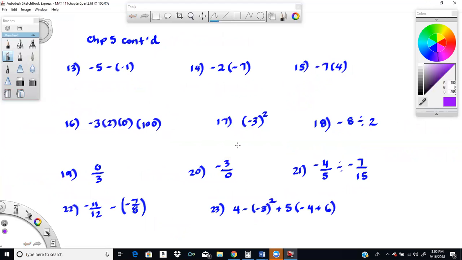You are still performing operations with these signed numbers. You can pause me, because on the next set I'm going to show the next slide, which will have the answers, and we'll go over that.